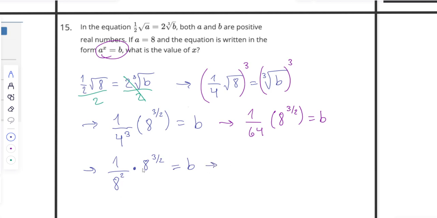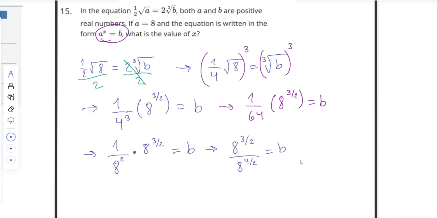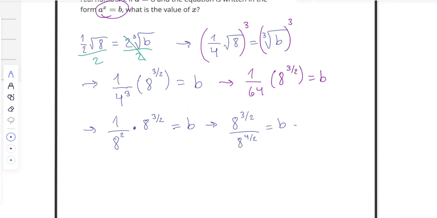And so last thing we need to do is we have 8 to the 3 halves on top. We have 8 to the 4 halves on the bottom. So we do 8 to the 3 halves. Let me write it explicitly like this to make it very clear that we are now subtracting the exponents. So 8 to the negative 1 half is equal to b.